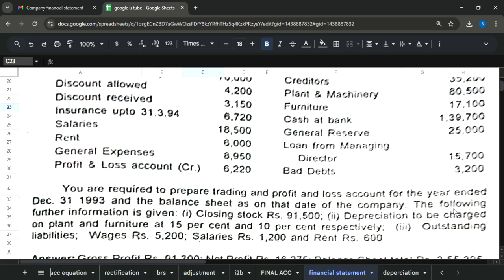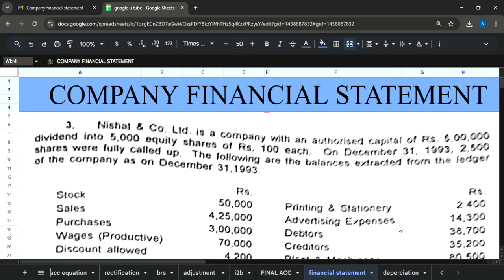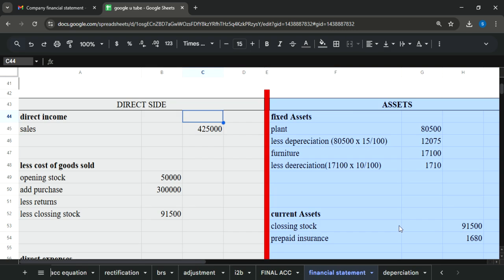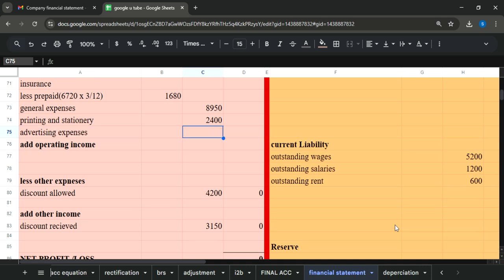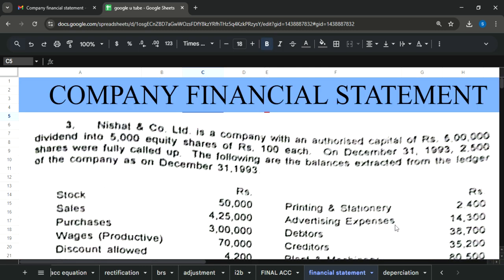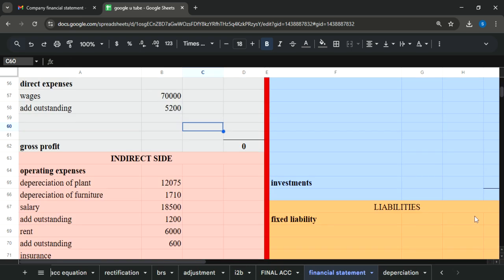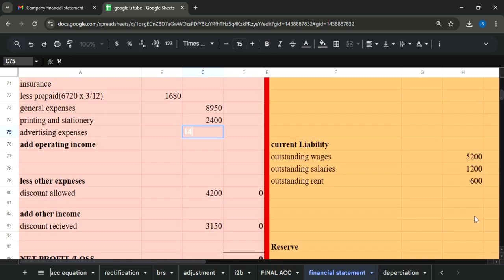Guys, after printing we have advertising expenses, again operational side, and we don't have space as well. Advertising expenses, let's see if we get even a single additional operating expense, we will have to create the space. Amount of advertising is 14,300.